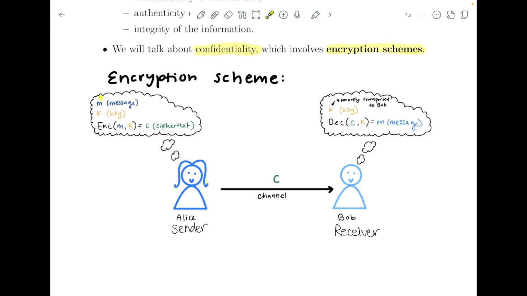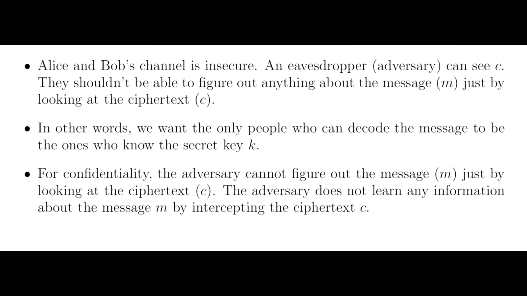Alice has a message, she has a key, and she's going to encrypt it to create a ciphertext. That ciphertext is going to be sent along this channel. Bob is going to receive that ciphertext. He also has that same key, and he's going to be able to decrypt it to find out what that original message is. Now, Alice and Bob's channel is insecure.